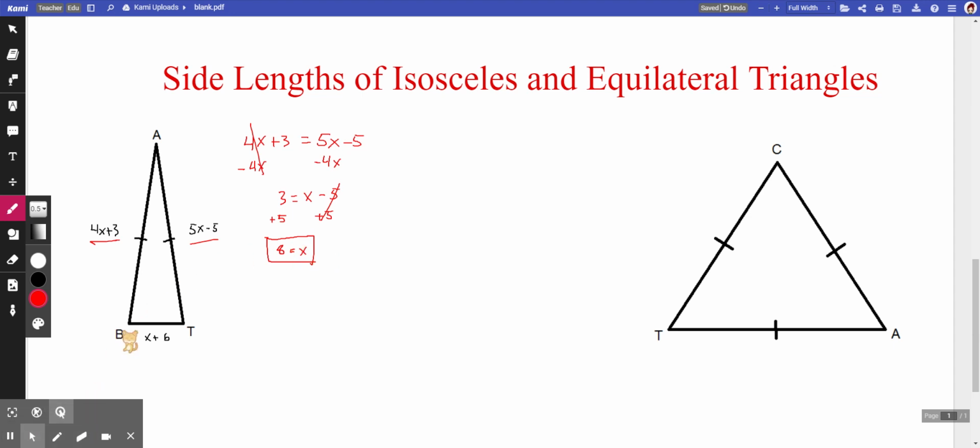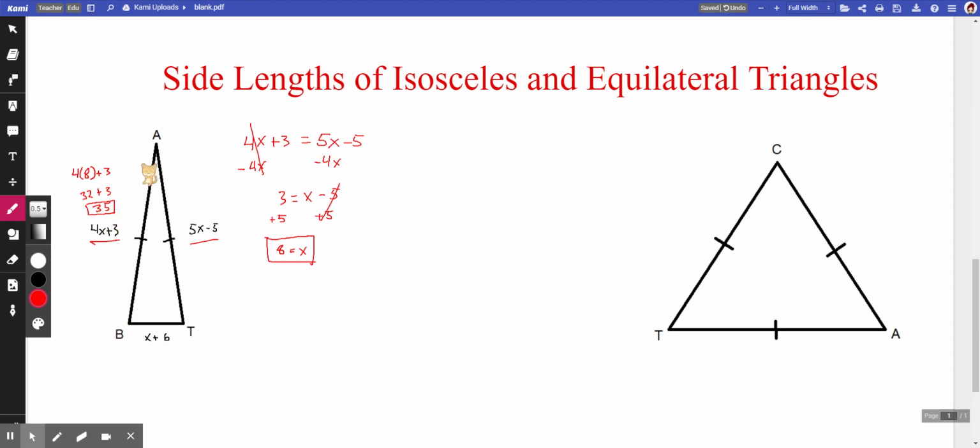To find those side lengths, we need to plug x back into the lengths. So I'm going to substitute x with the value 8, because we know that 8 equals x. So 4 times 8 plus 3 simplifies to 35.